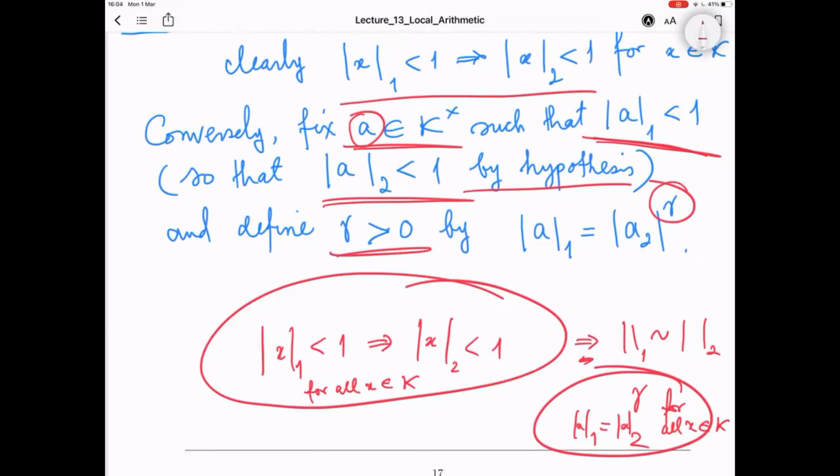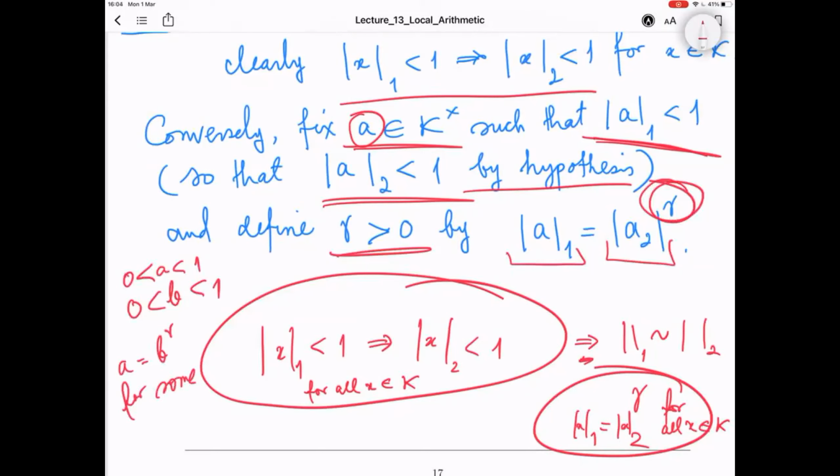This is because we have two elements. This is strictly less than 1. This is strictly less than 1. So one is a power of the other. I mean, if you have any two such elements, A and B, then of course I can write A as B to the power gamma for some gamma which is strictly positive, right?